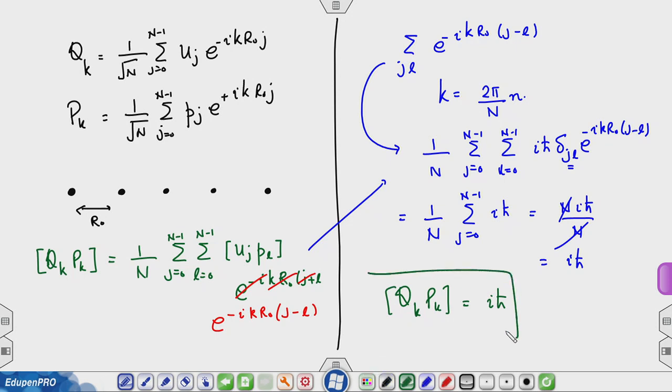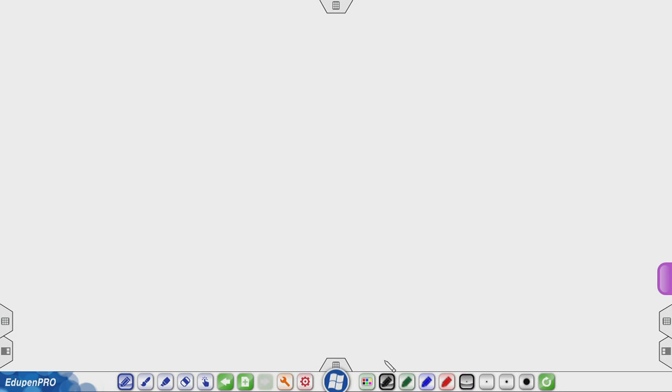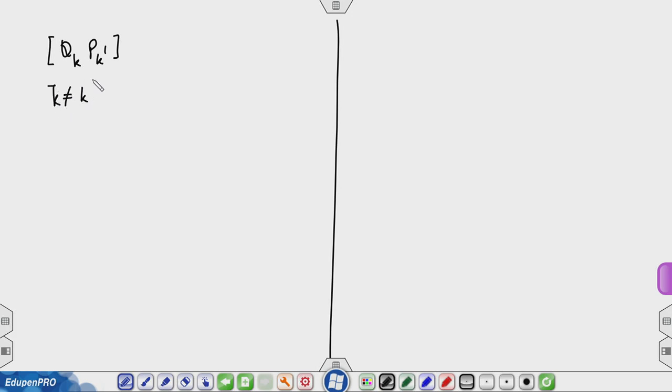So, this is established. Now, let us do the commutation relation q_k p_k prime. I am doing it separately, so that you see it clearly, and k is now not equal to k prime.